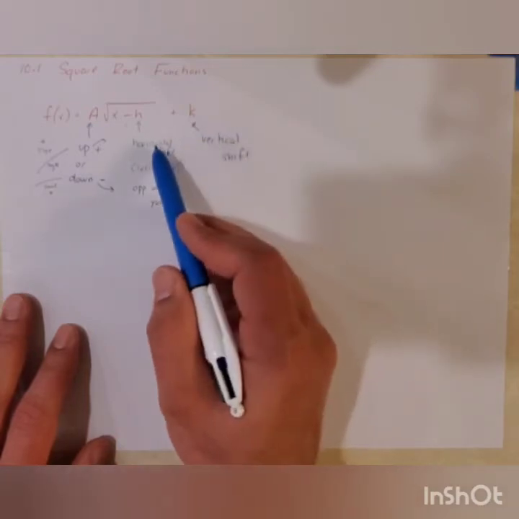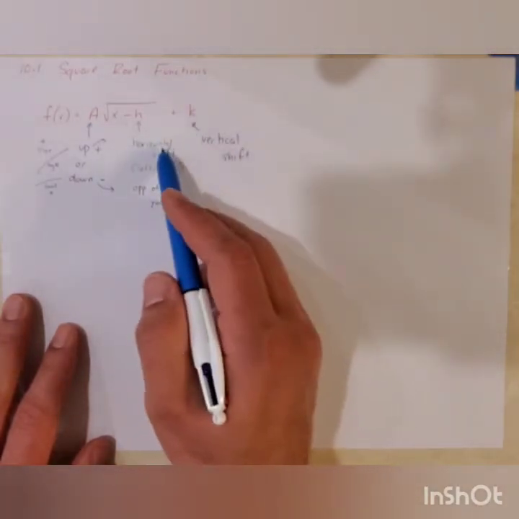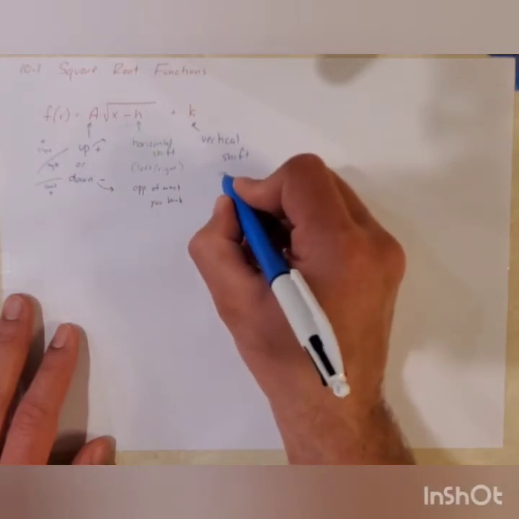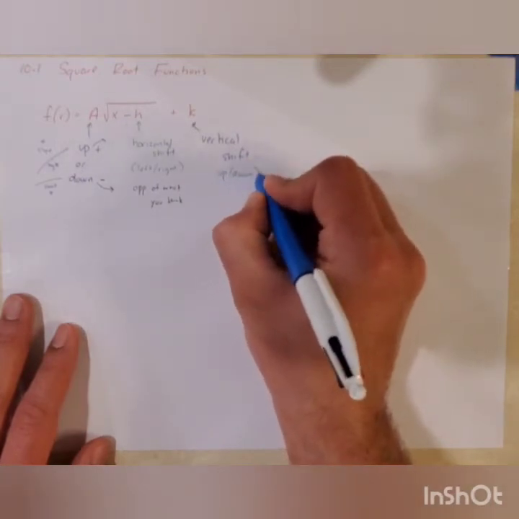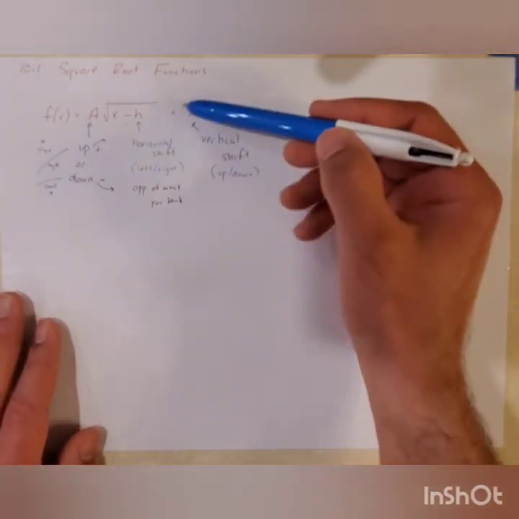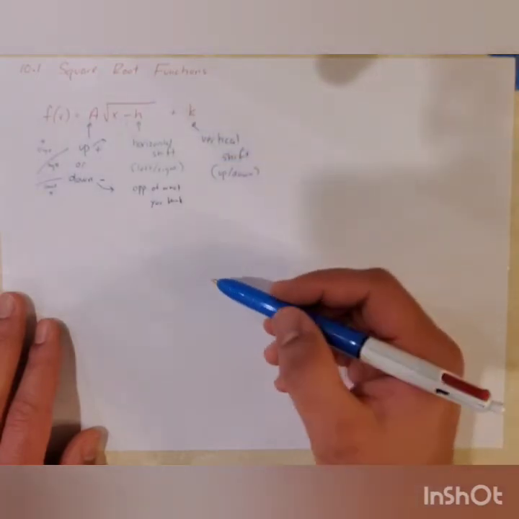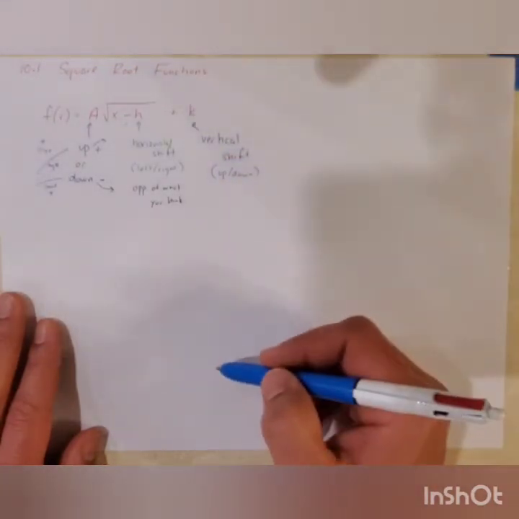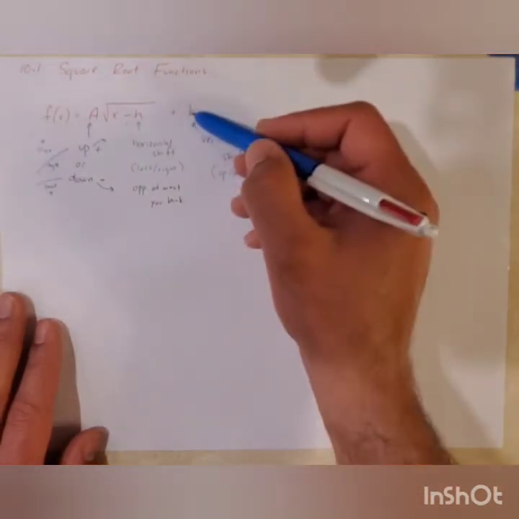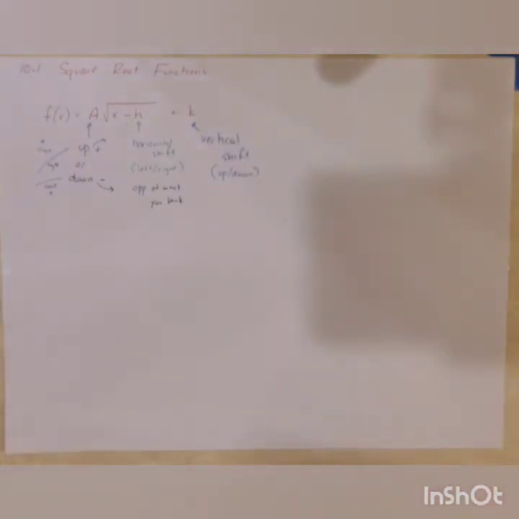I remembered horizon, and then vertical was just the other one. So I knew this was left-right, which makes this your up-down. This is your vertical shift. So if you look at this, that plus 3 means your graph is going to start up 3. If you see this as minus 7, that means your graph is starting 7 down.